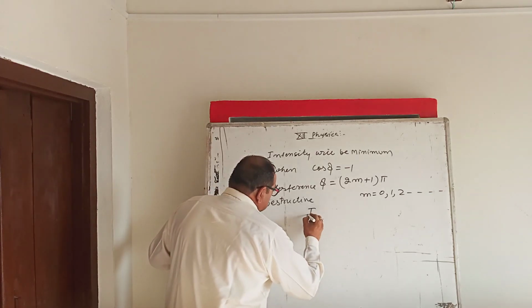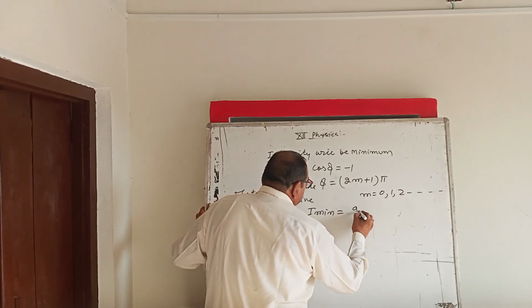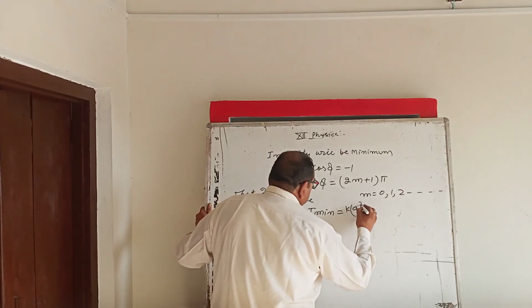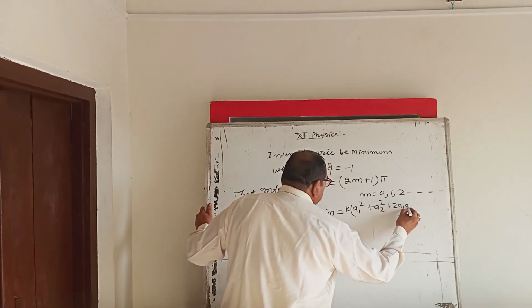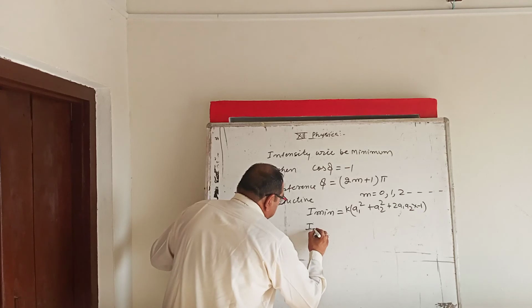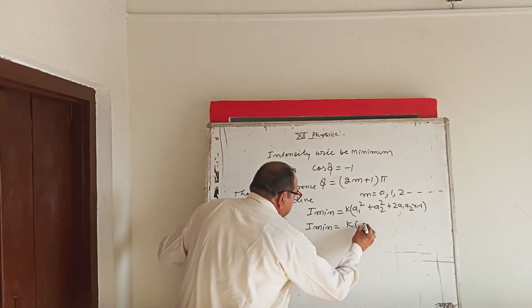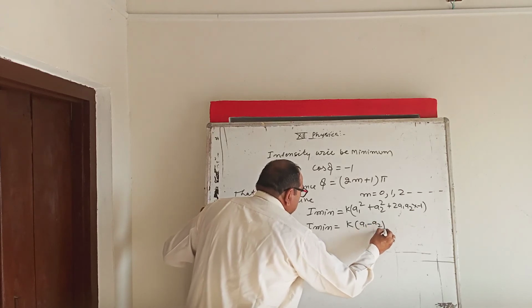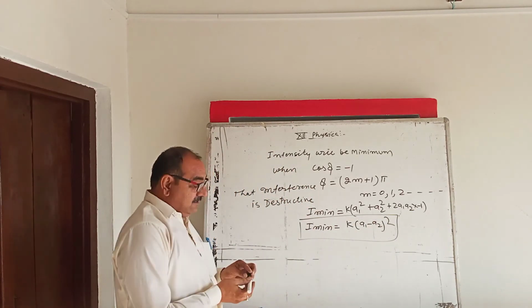Now, minimum intensity, I minimum equal to K times a1 square plus a2 square plus 2 a1 a2 cos phi, with cos phi value minus 1. So, I minimum equal to K times a1 minus a2 whole square. This is the formula for the minimum intensity.